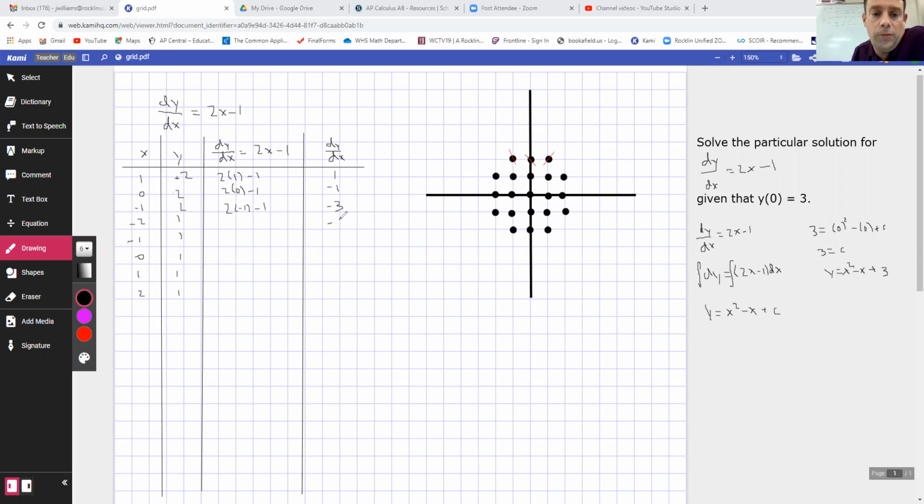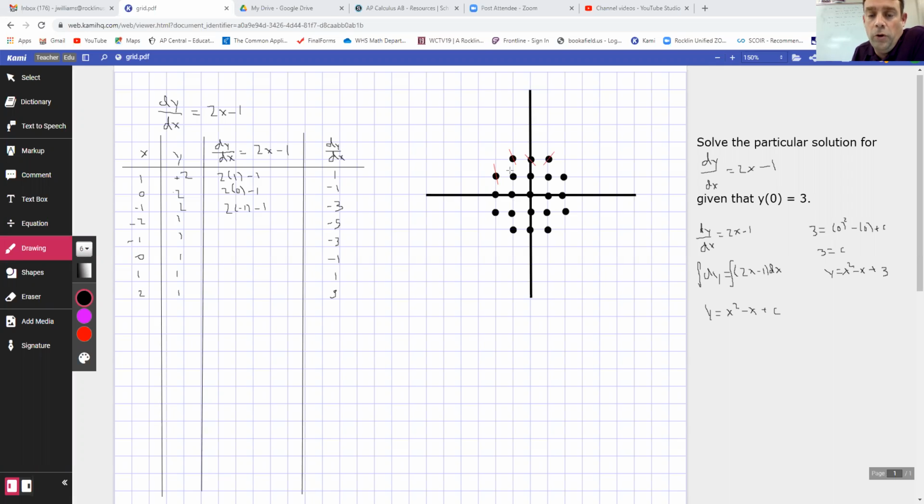All right, so hopefully you guys got -5, -3, -1, 1, and 3. So if I were to plug these in there, first of all, at -2, 1, I'd have -5. That's a really steep slope.